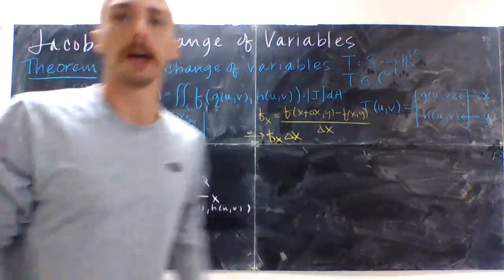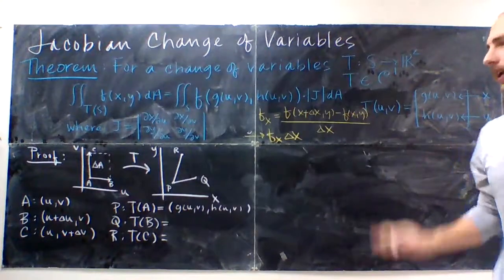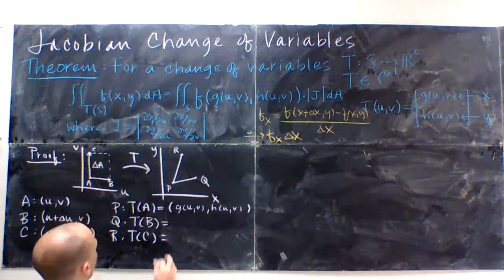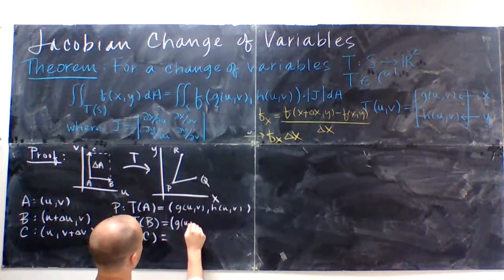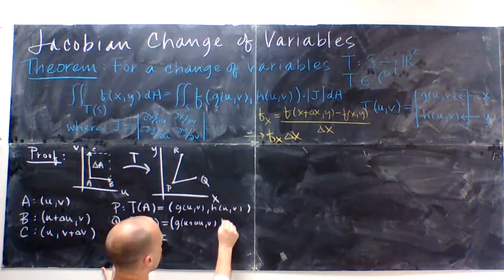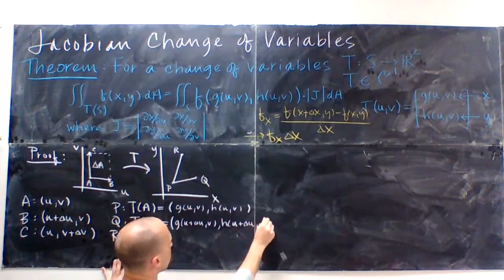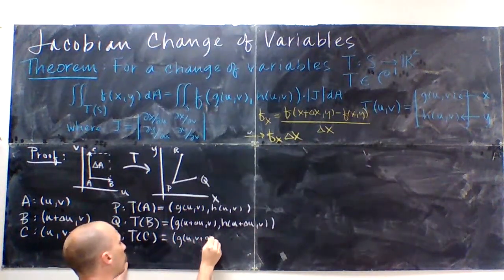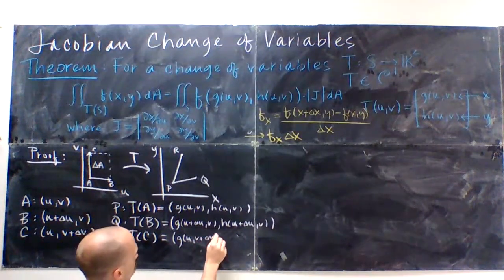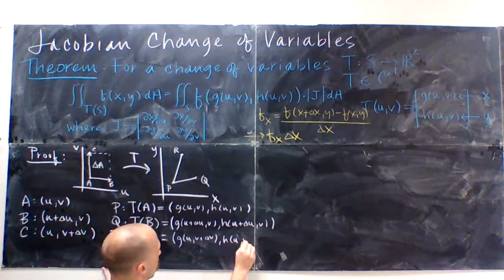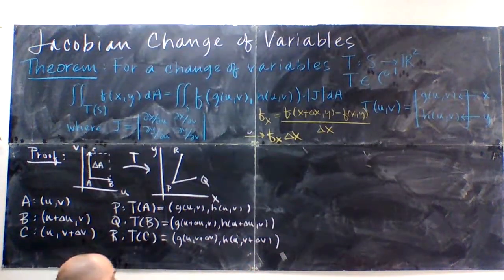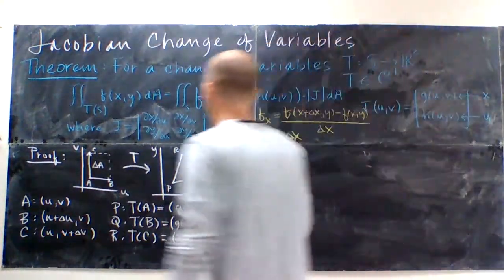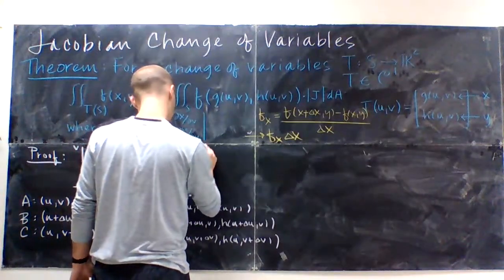Now this is going to be a lot of U's and V's and H's and G's here, but it's going to clean up pretty nicely. So when I take C, I get G of U and V plus delta V, and H of U and V plus delta V. That's a lot, but what I really am interested in is the vectors PQ and PR.